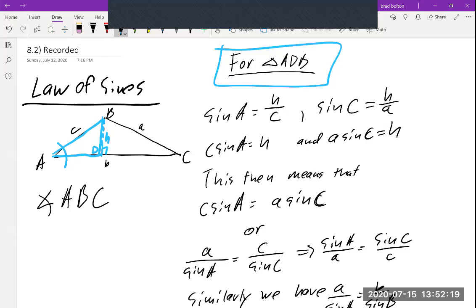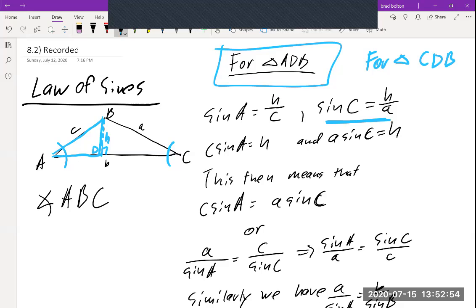Then if we did the sine of angle C, this angle right here, in a different triangle, CDB, we would get the sine of C is equal to h over a, because in this case a would be the hypotenuse.